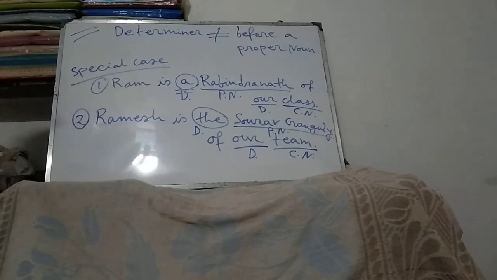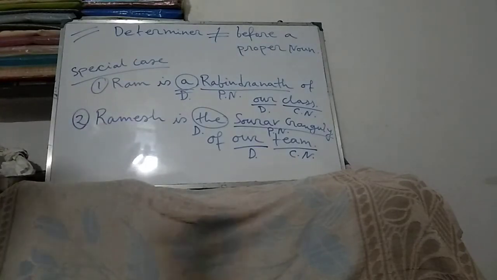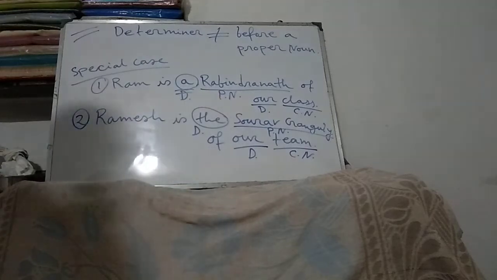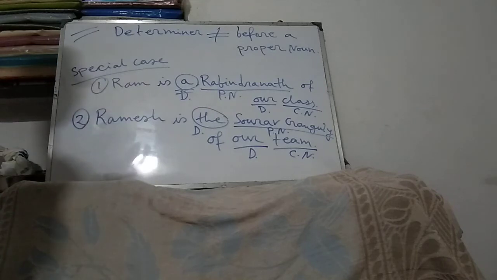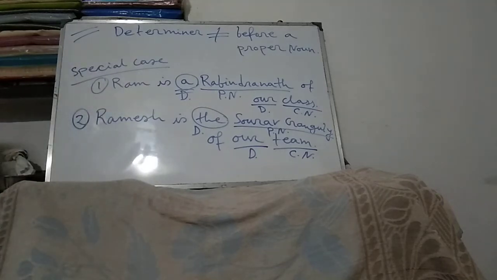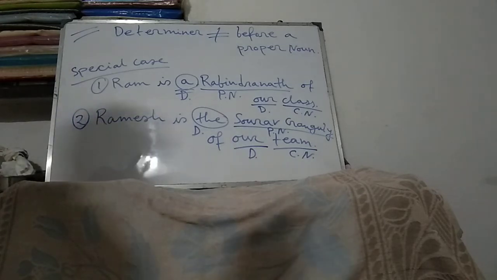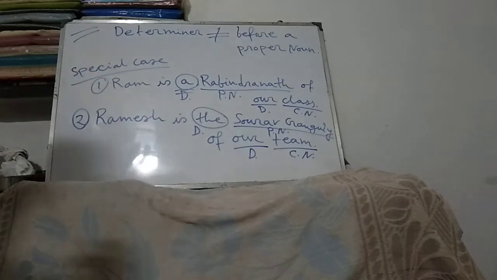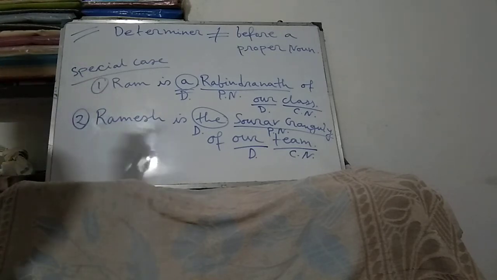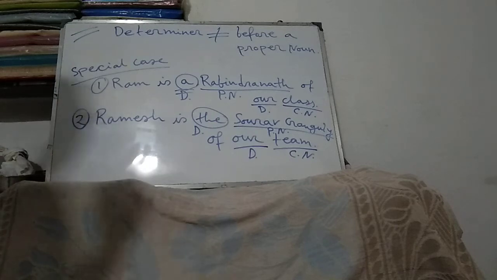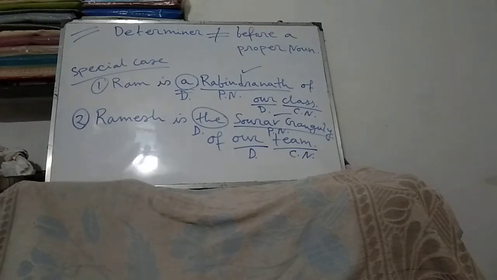Look here, a determiner is preceded by the proper noun. That means generally we can say that a determiner is not used before a proper noun, but in some special cases, referring to comparison, or when a proper noun is used as a common noun. Here Saurabh Ganguly or Rabindranath are not used as a proper noun.